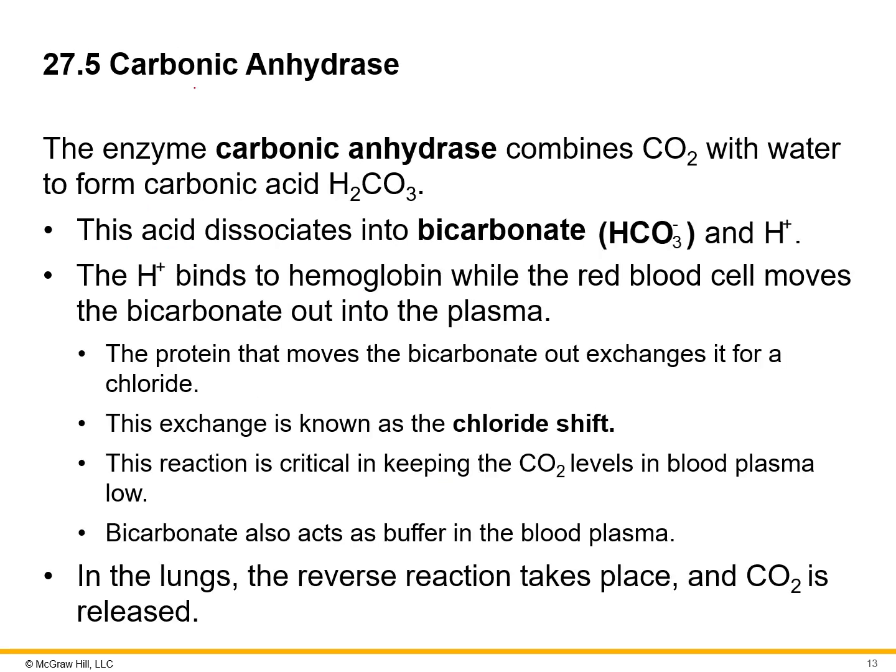Now dealing with that, we have what's referred to as carbonic anhydrase. And ASEs usually indicate enzymes, which is the case here. So this enzyme, and enzymes are proteins, combines with carbon dioxide and water, and it makes an acid called carbonic acid, which is H2CO3.